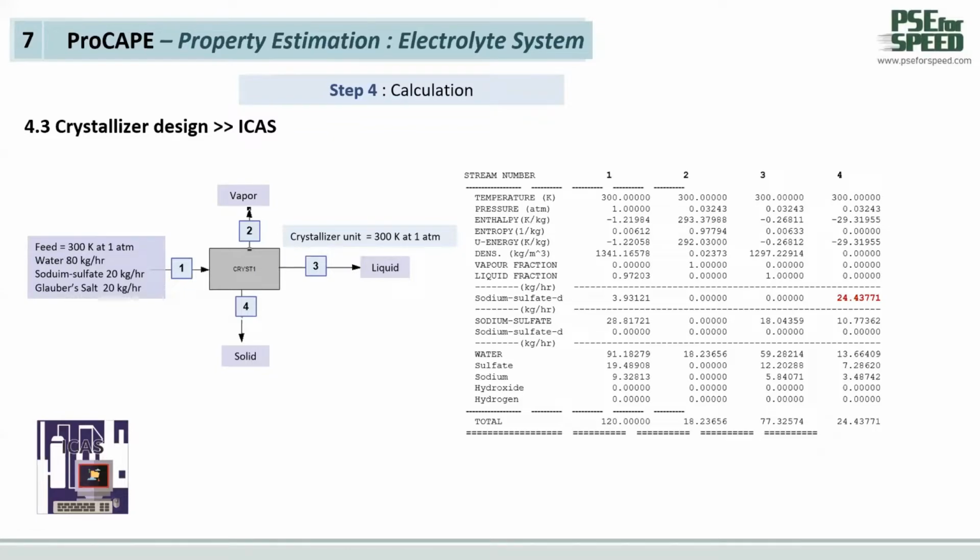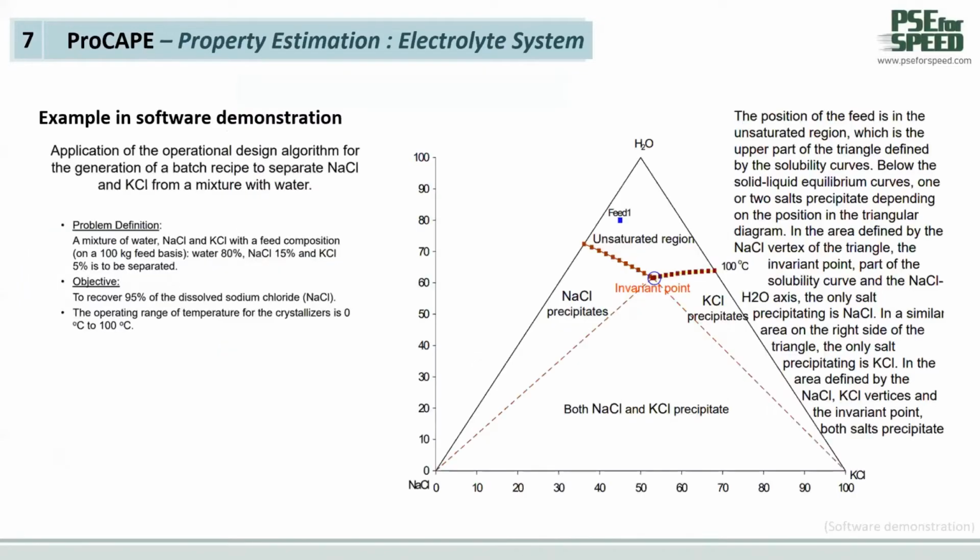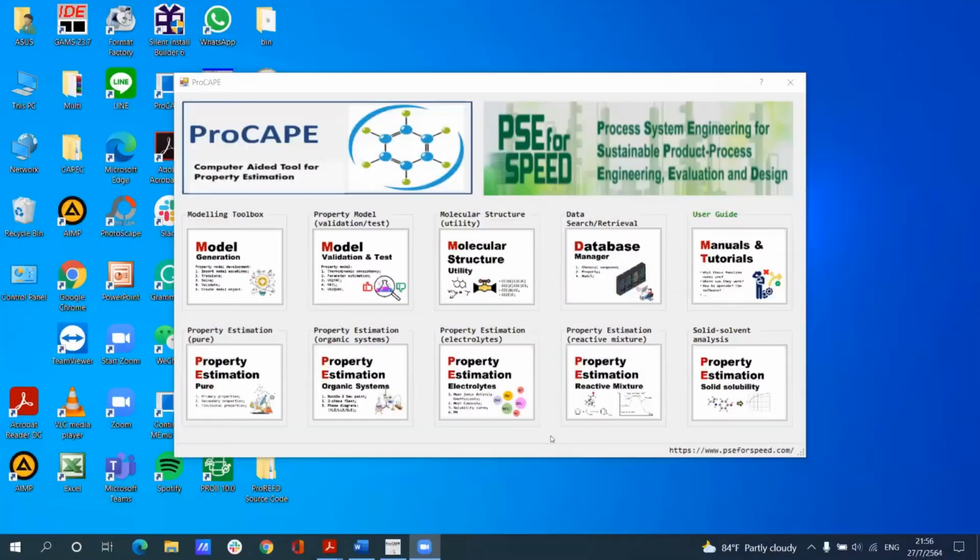Then we will quickly show you the software, and we will show this example to you for explanation. Okay, so now here is the property estimation for the electrolyte system.